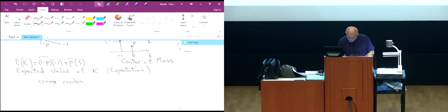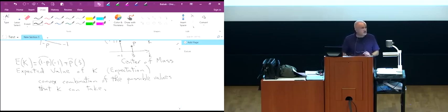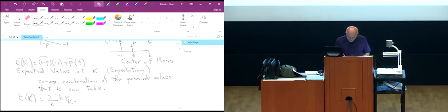so this is a convex combination of the possible values that K can take. That's basically what it is. And if I were to write a formula for it, it would be E, expected value of K, is the sum over all possible values that K can take of k times p_K of small k.